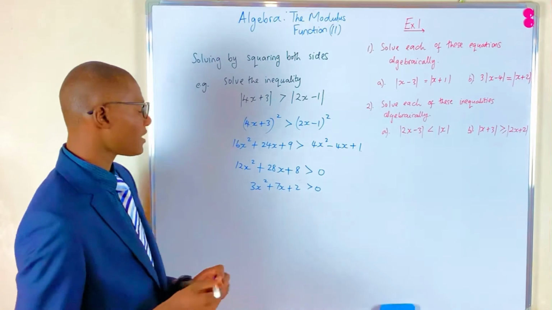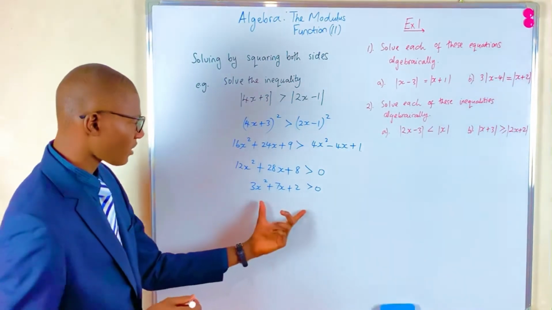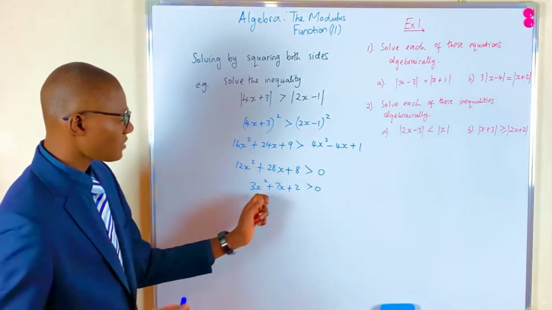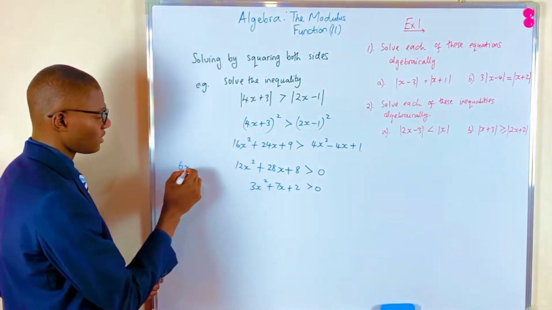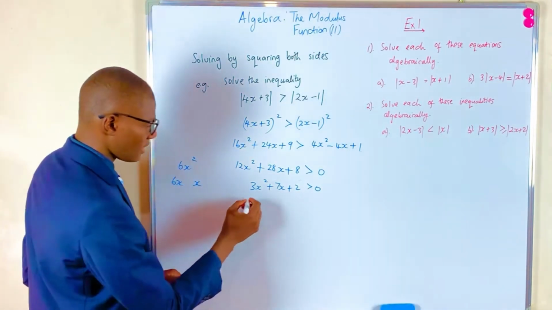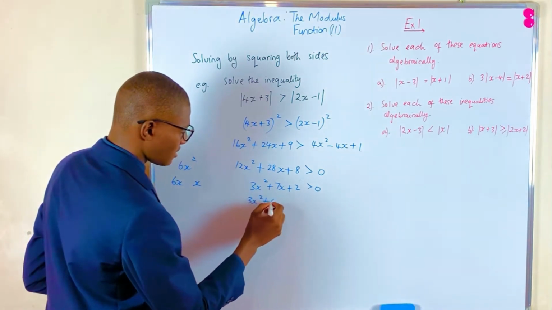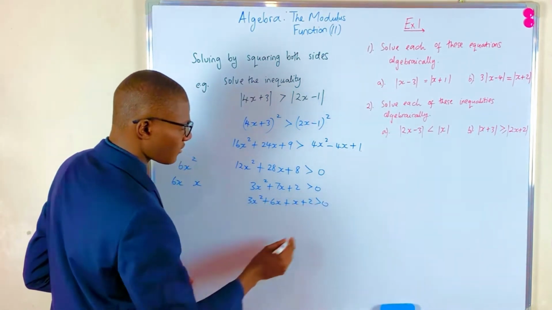Now we look for the common factor that we're going to use to factorize. Multiplying the first and the last, we've got 6x squared, and the two factors that we need are 6x and x. So 3x squared plus 6x plus x plus 2 greater than 0.